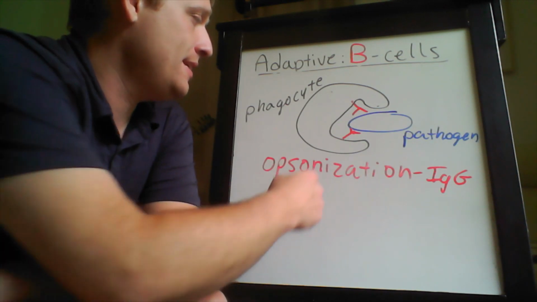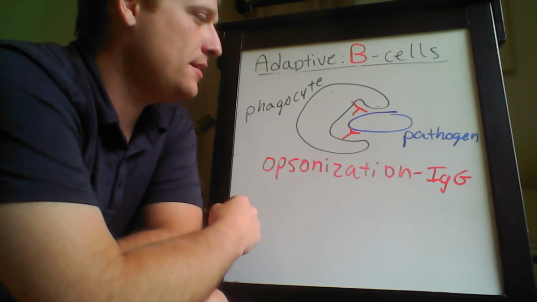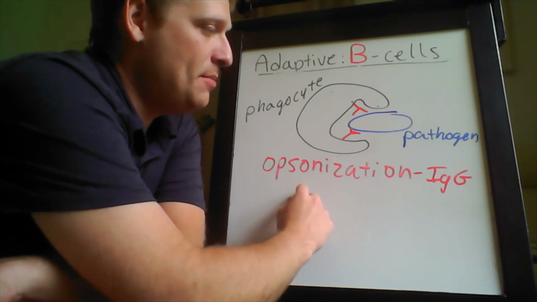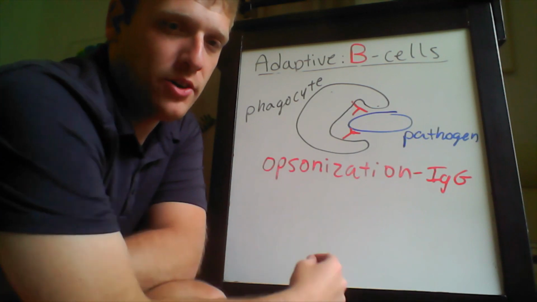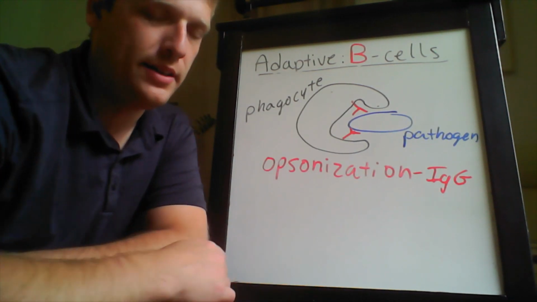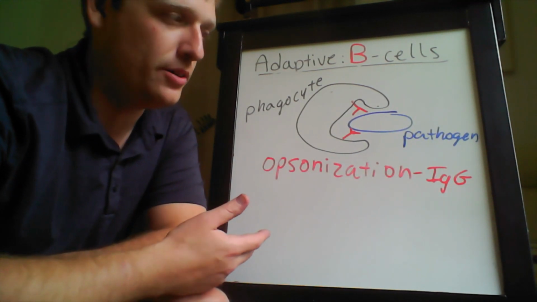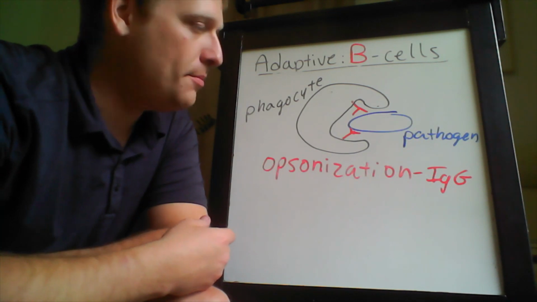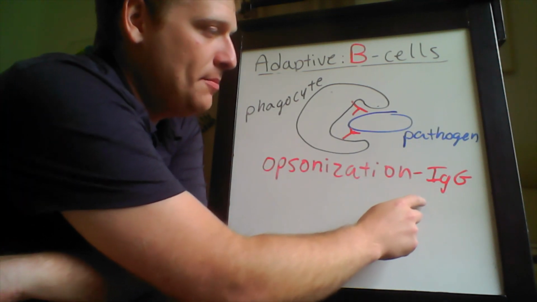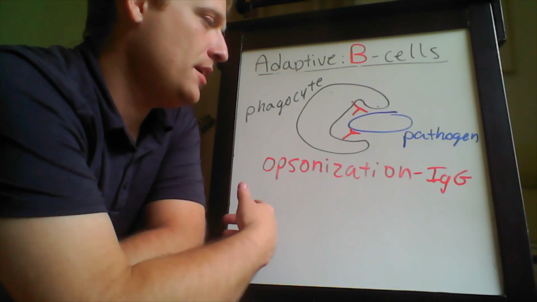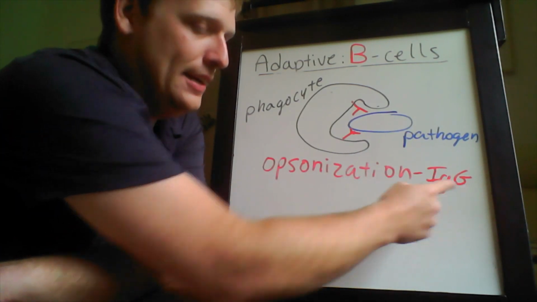In this opsonization process, antibodies, which are also called immunoglobulins because they have a globular protein structure, are often designated Ig and then a letter.